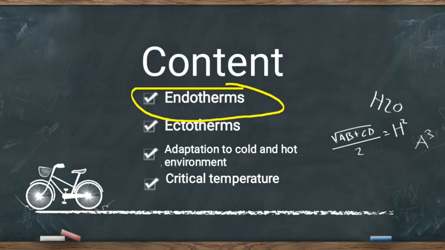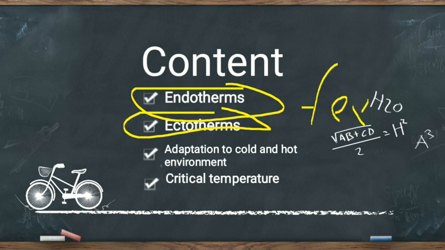We shall also look at the ectotherms, also their adaptation to different environmental conditions, long-term and short-term. We shall look at the concept of fever. We shall look at the role of hypothalamus in thermoregulation, as well as critical temperature, the lower critical temperature, the higher critical temperature, as well as the efficient range.